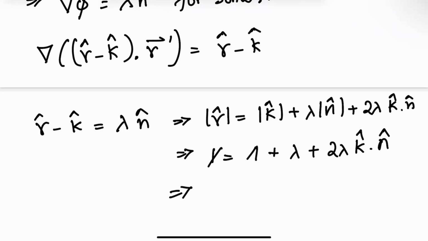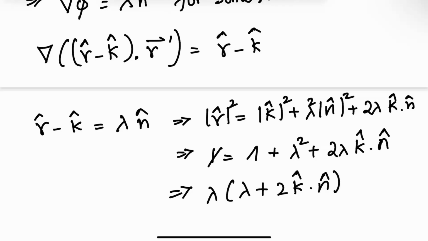These two cancel. So you end up with lambda times, there should be a lambda square here. Oh, sorry, these do require square terms. Lambda square and square. Okay, there we go. So I have lambda times lambda plus 2 k hat dot n hat equal to 0.